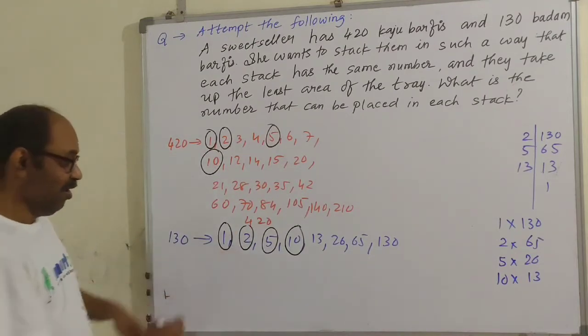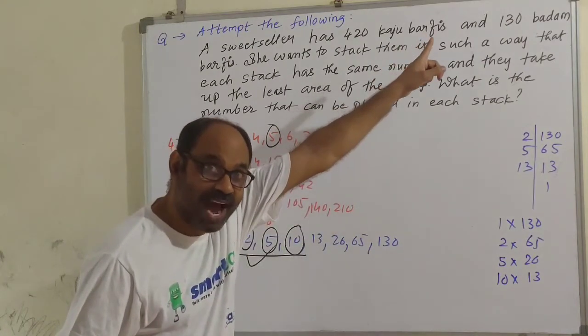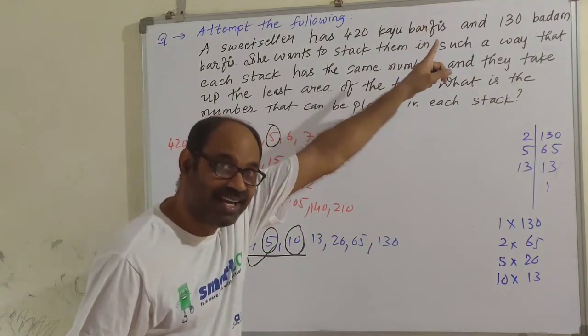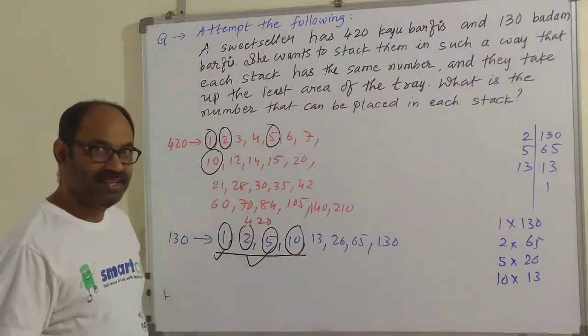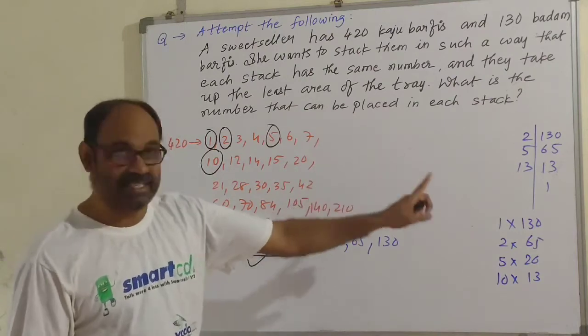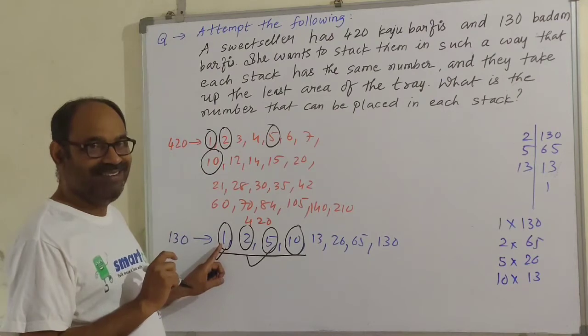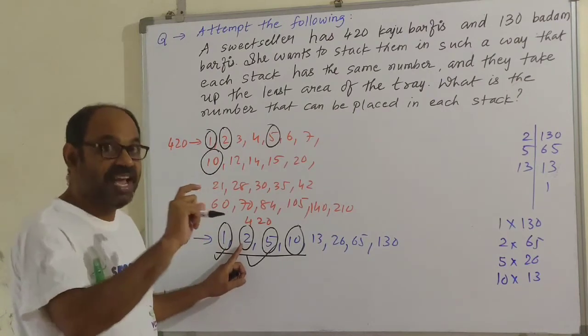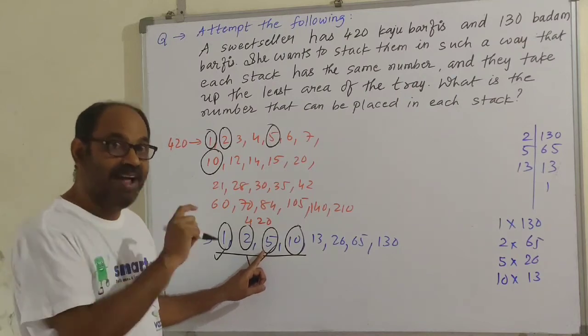Correct? So, this common factor indicates what? If you visualize HCF from this angle, you have 4 options. Make stacks of these 2 types of burpees. In each stack, keep 1 burpee. Or in each stack, you can keep 2 burpees. Or in each stack, you can keep 5 burpees.